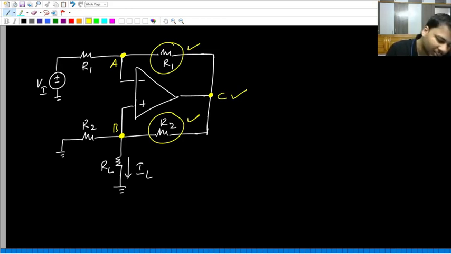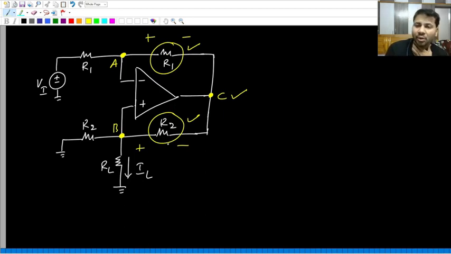Now if I ask you what is the drop across R1, you would say A minus C. The drop across R2 is B minus C. But A and B are identical in terms of potential, so A minus C is the same as B minus C, which means the drop across R1 is the same as the drop across R2.